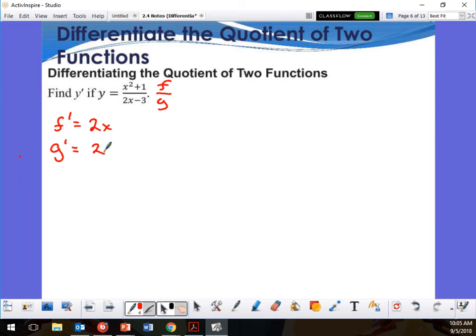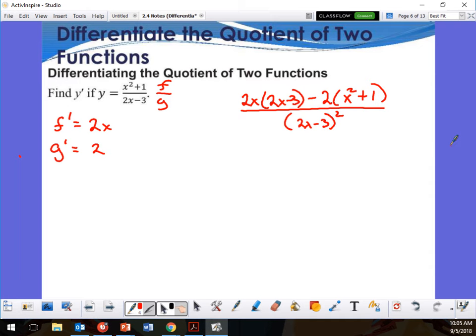So it's f prime g, so it's going to be 2x times g, which is 2x minus 3, minus g prime f, which is 2 times x squared plus 1, all over g squared, which is 2x minus 3 squared.